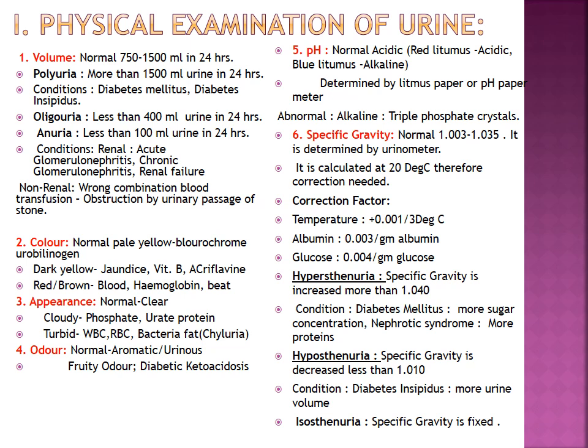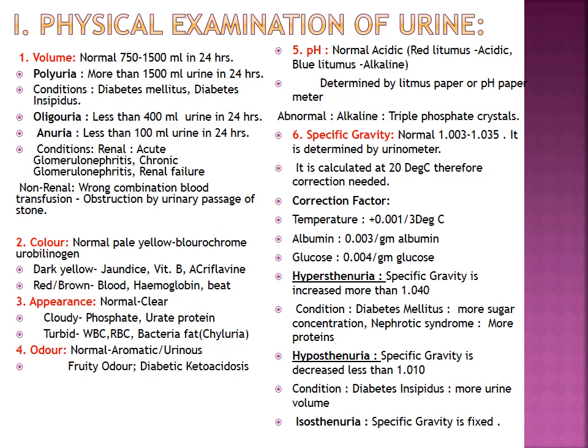So first we will see physical examination of urine. In that, first is volume. Normal volume of urine in 24 hours is 750 to 1500 ml. If it is more than 1500 ml in 24 hours, it is called polyuria, and it is seen in diabetes mellitus, diabetes insipidus. Less than 400 ml urine is seen in oliguria, in kidney disorders, and less than 100 ml urine is called anuria.